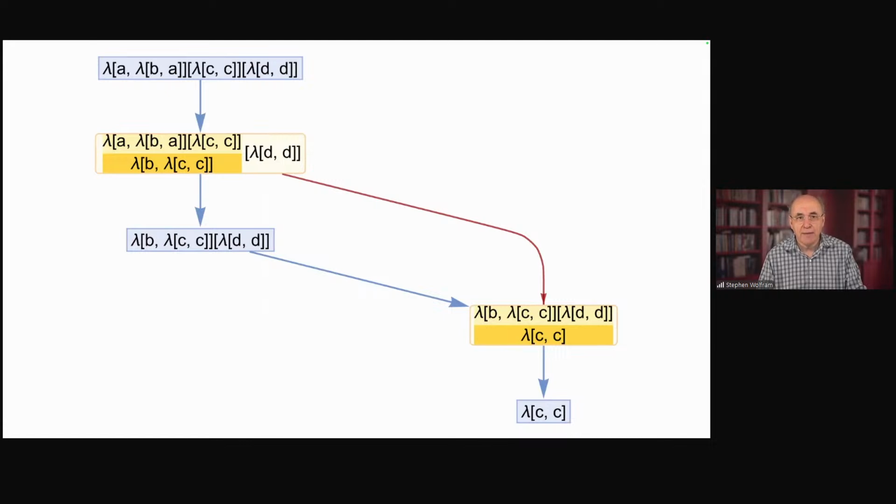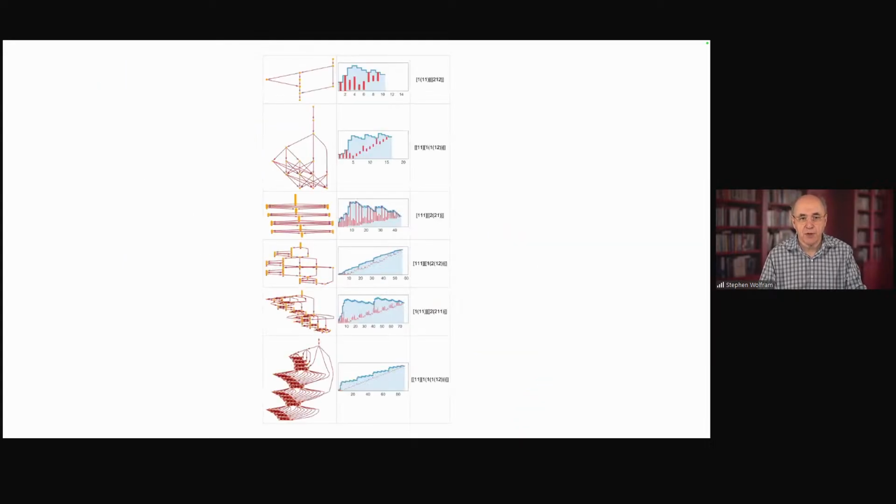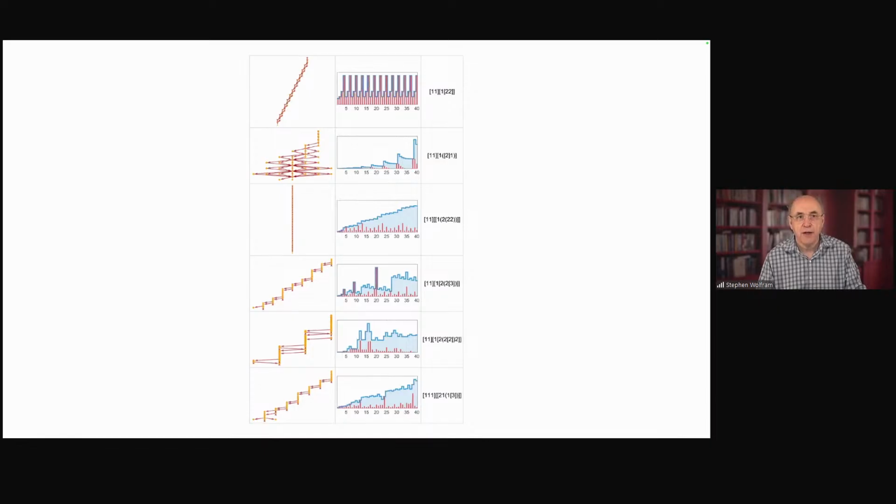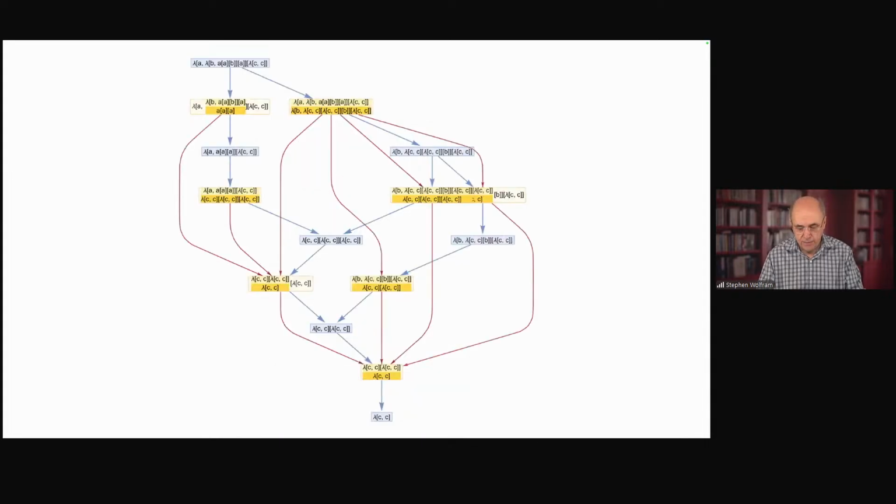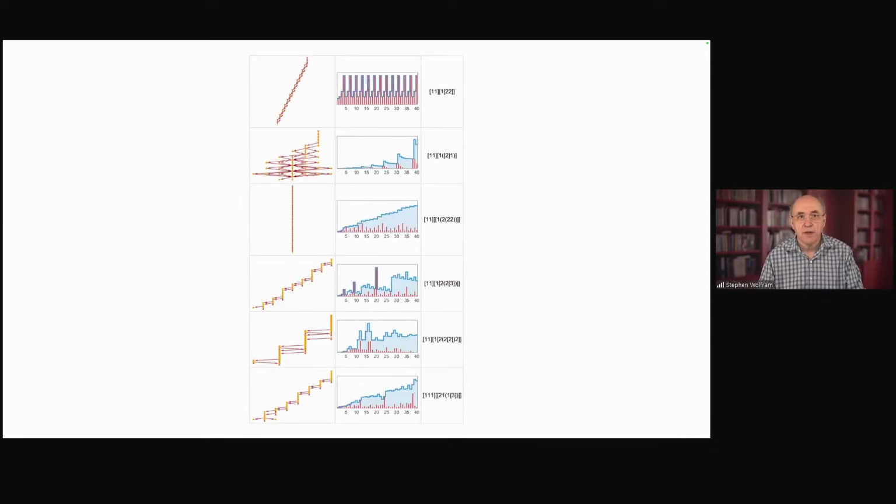So while many lambdas have simple linear or branched causal graphs, plenty have more complicated structures. So here are some examples for lambdas that terminate. Lambdas that don't terminate have infinite causal graphs. But what's notable here is that even when the evolution, as visualized in terms of a sequence of sizes of lambdas, isn't simple, the causal graph is still usually quite simple and repetitive.